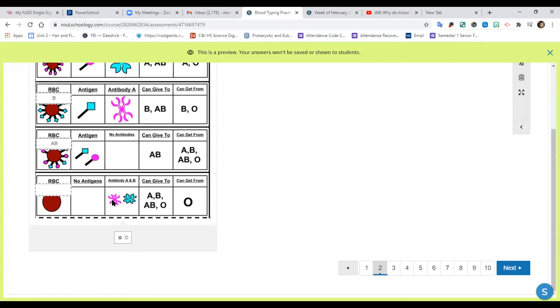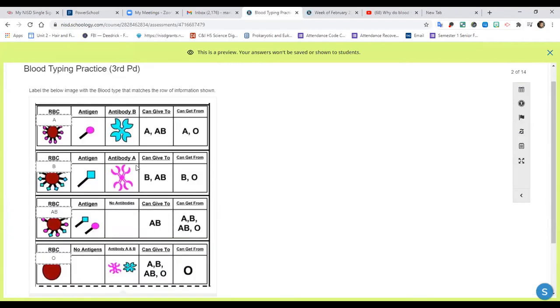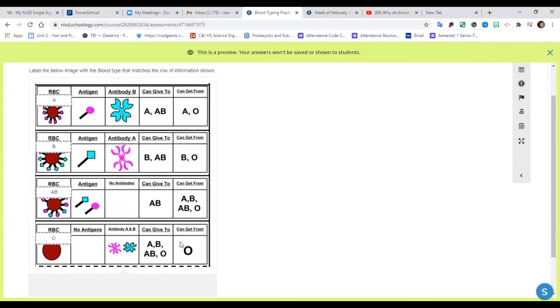Because that's the one it's going to use to fight against the A and B. Very good, it's O. If you have red blood cells O, of course, you're going to have antibodies A and B. However, if your red blood cells are A, you can get O. O is a universal donor. It could give to the A, the B. Why? Because really there are no antigens on O, so there's nothing for the recipient's antibodies to fight against.